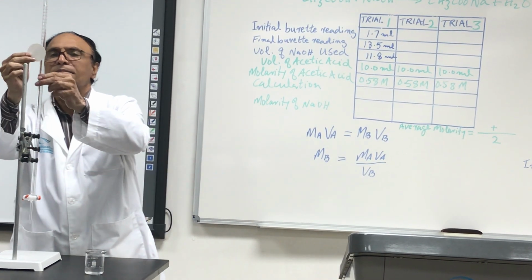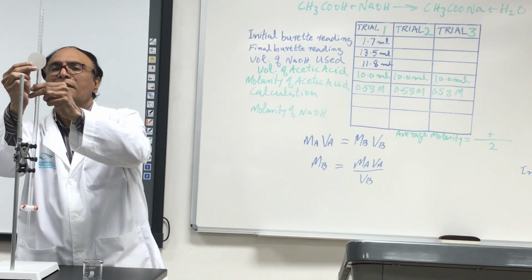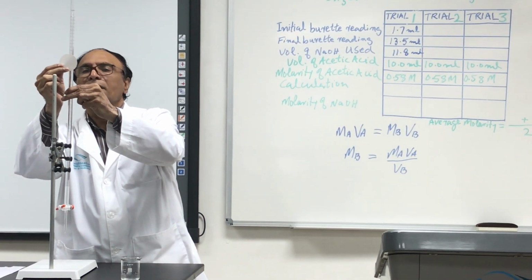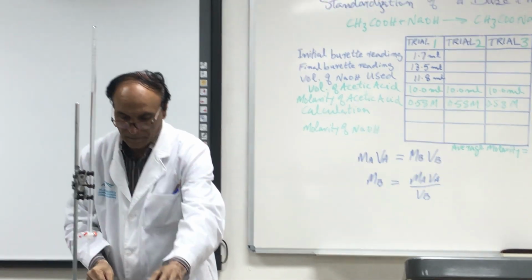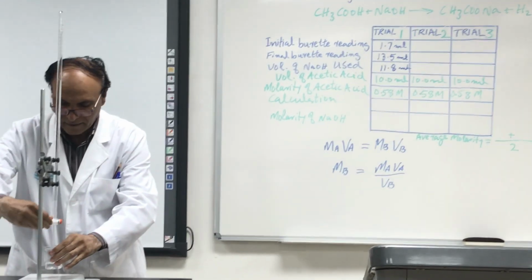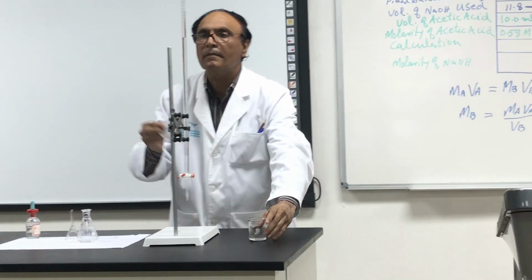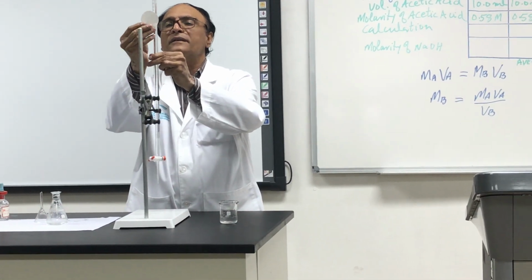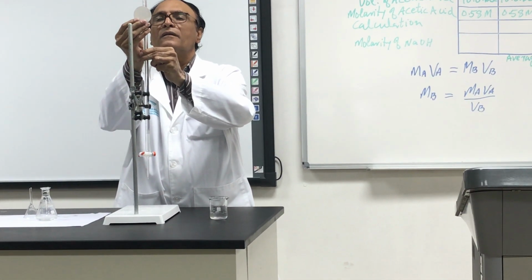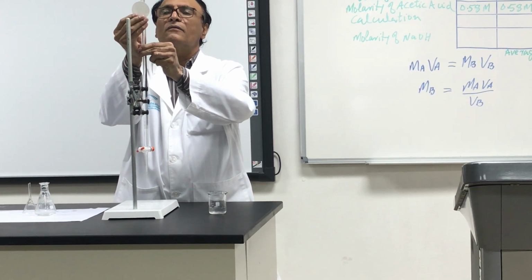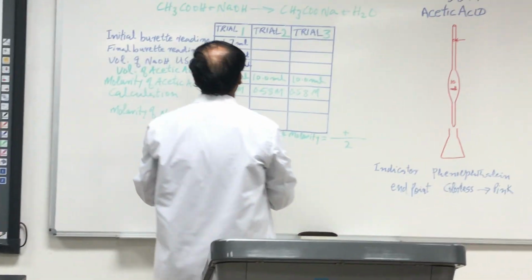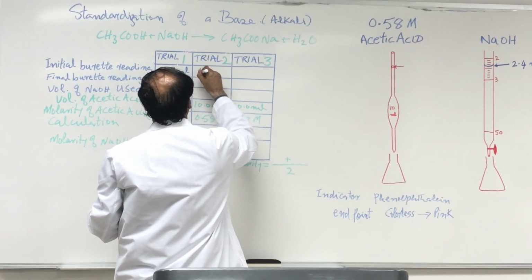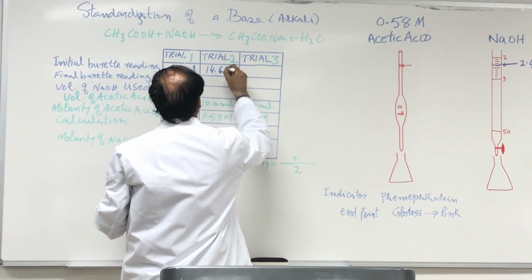Just a minute. Let me make it clear. The meniscus, 14.6. 14.6 is the initial reading. 14.6 milli.